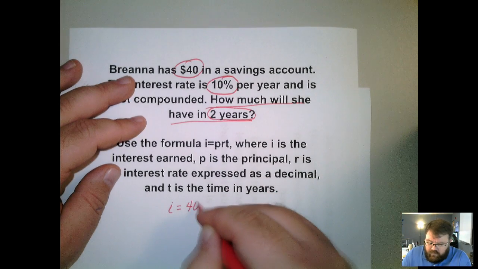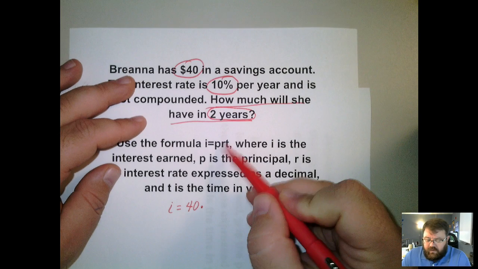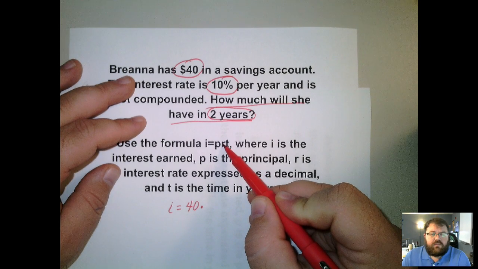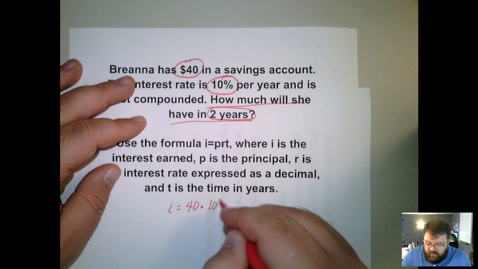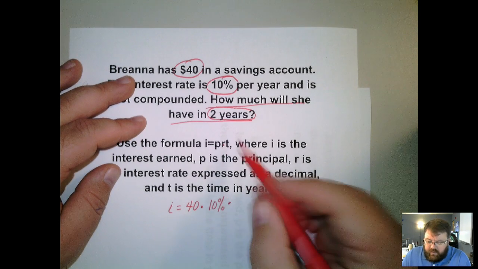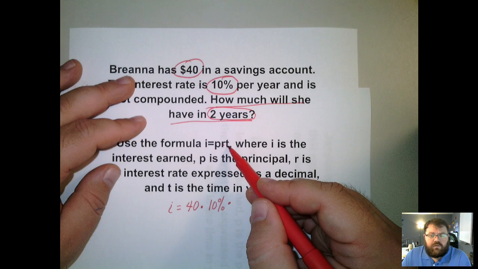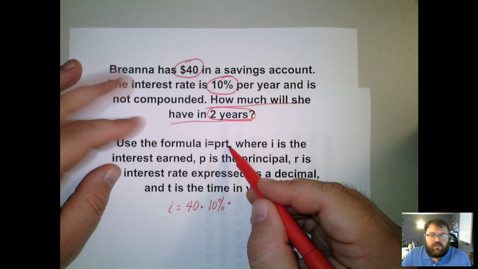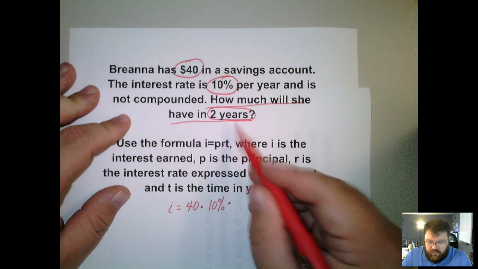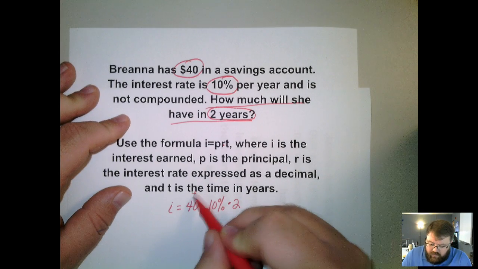Hopefully you said $40 times, pause the video, tell me what the rate is. Hopefully you said 10%. Times the time. Pause the video, tell me what the time is for this. Hopefully you said 2.